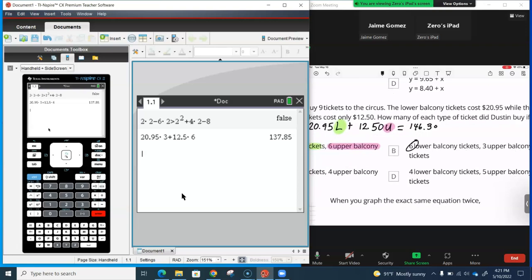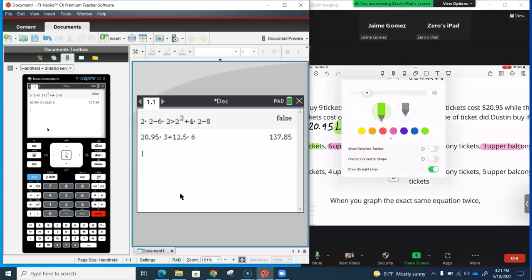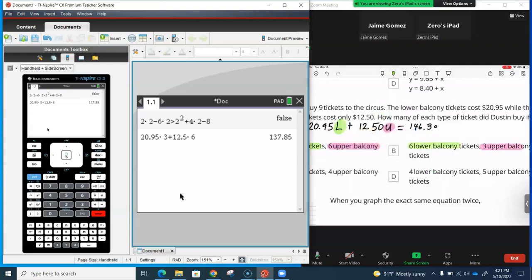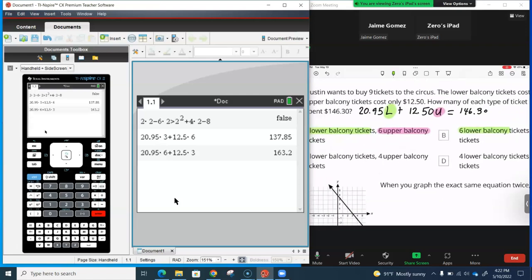And we're going to type 6 and 3 now. So 3 for the upper and 6 for the lower. So 20.95 times 6 plus 12.50 times 3. 163.20. That doesn't work. Keep on going.